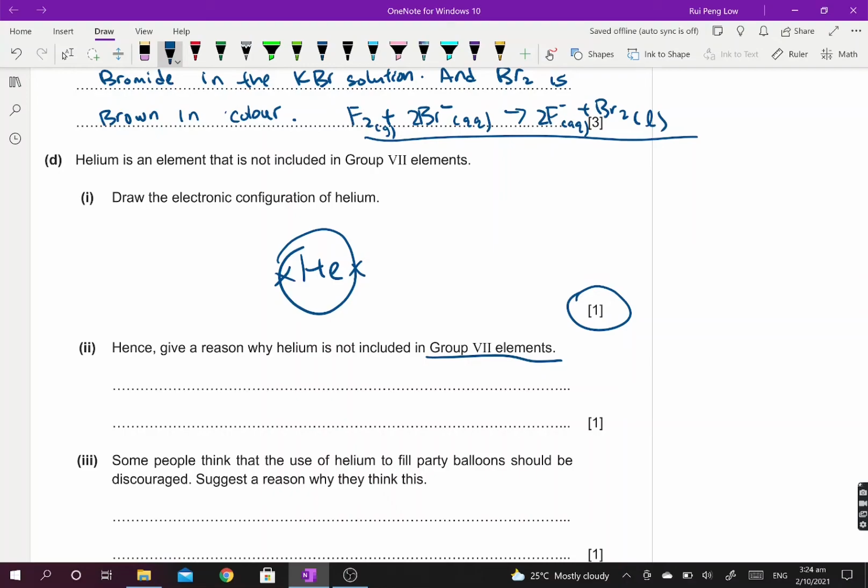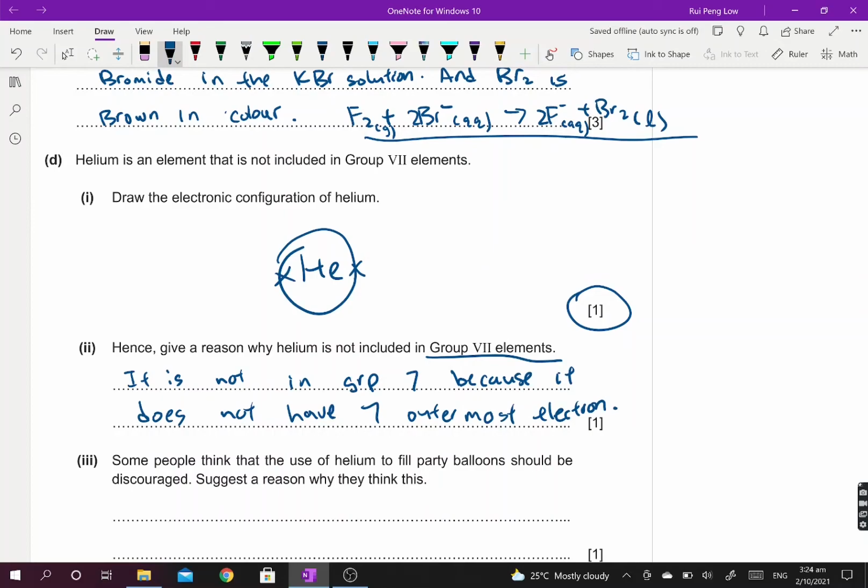So it is not in group 7 because it does not have 7 outermost electrons.